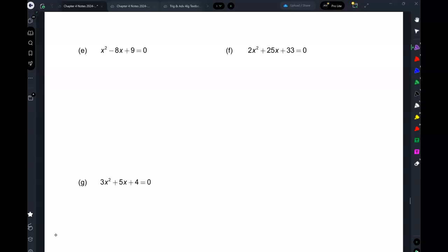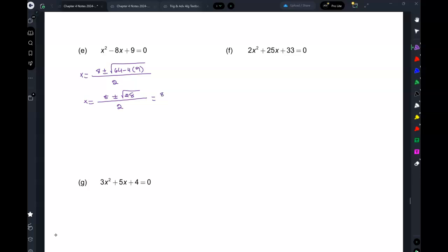Okay, so this one, x equals 8 plus or minus the square root of 64 minus 4 times 9 over 2. So this is what? 8 plus or minus the square root of, what's 64 minus 36 these days? 28 over 2.